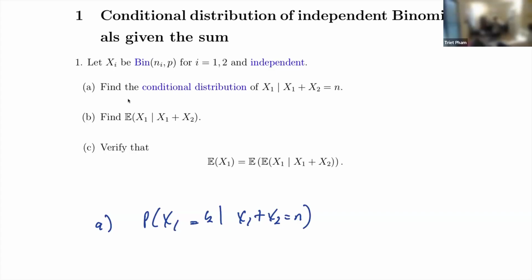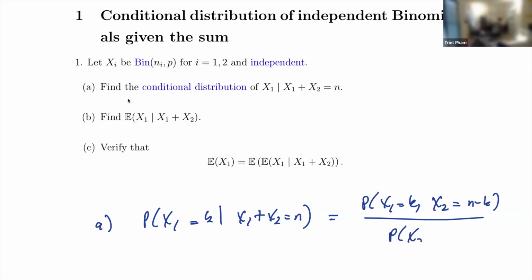At first, you just work with the formula, meaning x1 plus x2 equals n.